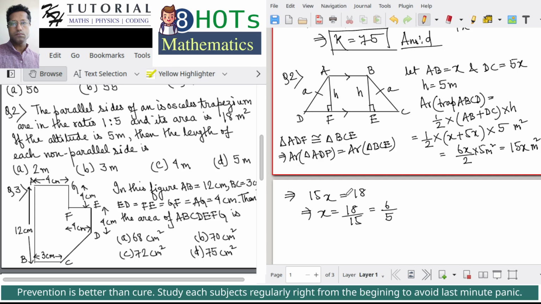So x is 6 by 5. This implies that AB is equal to 6 by 5 meter, and CD or DC is equal to 5x, that is 5 multiplied by 6 by 5, which is 6 meter.